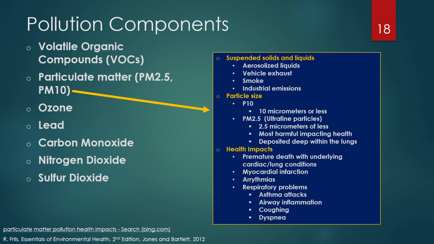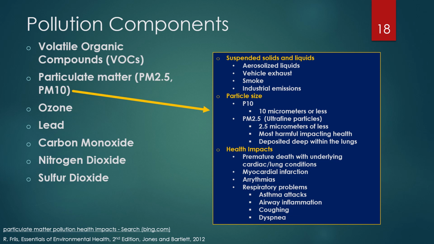Particulate matter is classified by size. PM2.5 are particles of 2.5 micrometers or less. PM10 are particles that are 10 micrometers or less. PM2.5 particles are considered ultrafine particles. As mentioned previously, PM2.5 particles are considered the most harmful since they can be inhaled and deposited deep within the lungs.